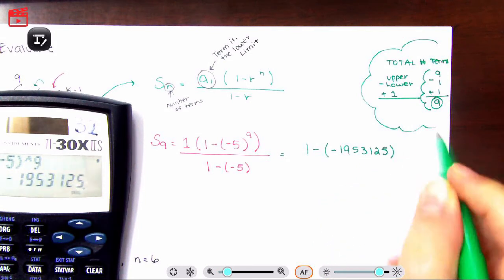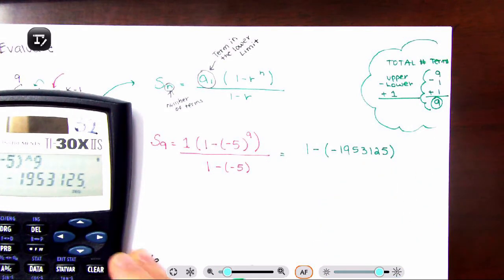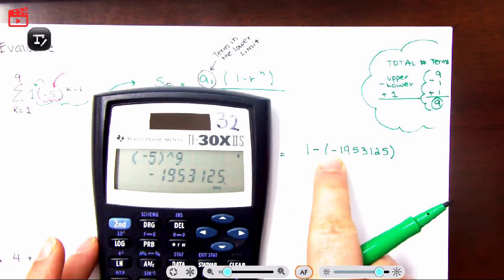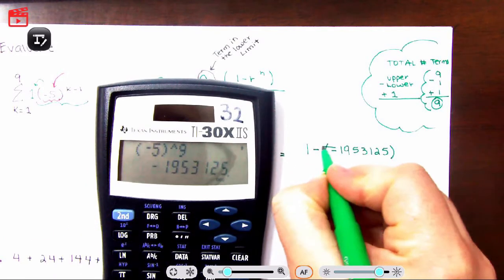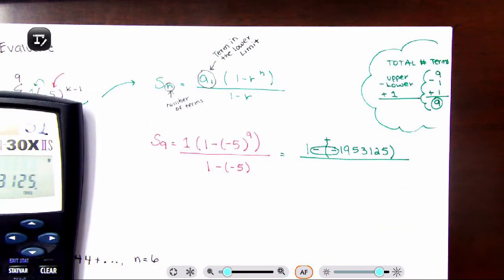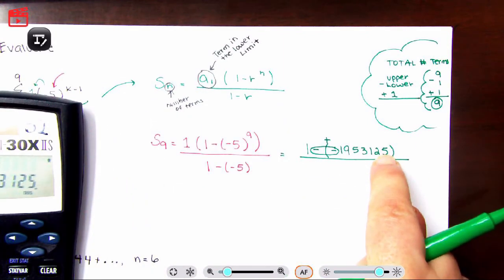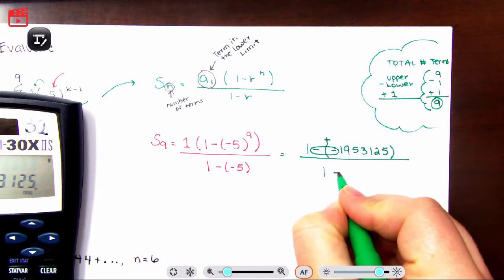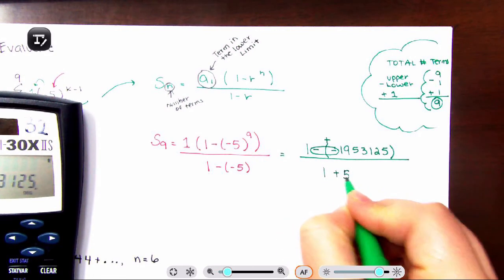Now you don't really have to write this down. If you notice that you have 1 minus a negative, you're going to add 1. So technically, you don't even need a calculator for this. This 5 will become a 6 right here. Here I have 1 plus 5, or 6.